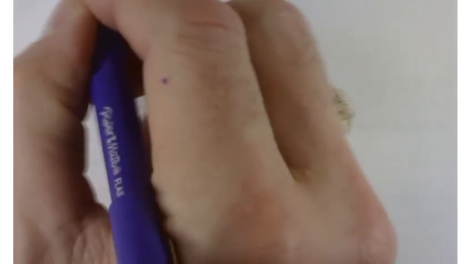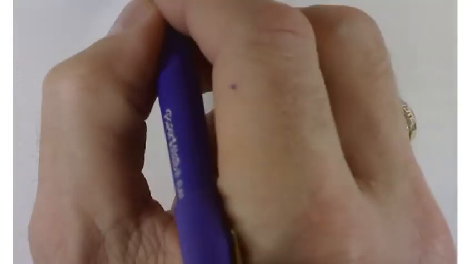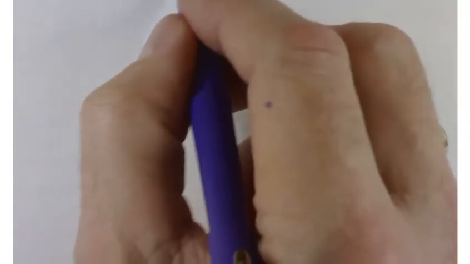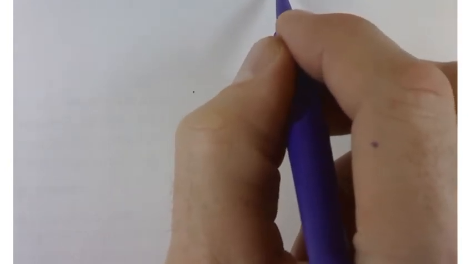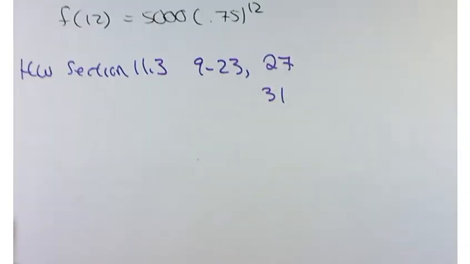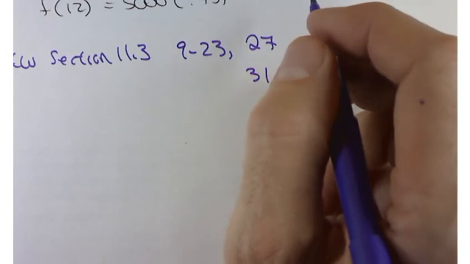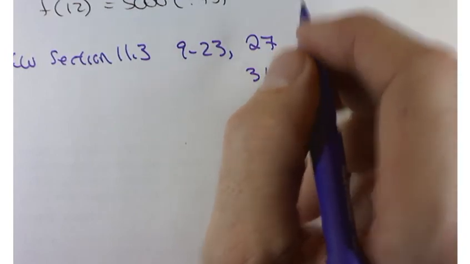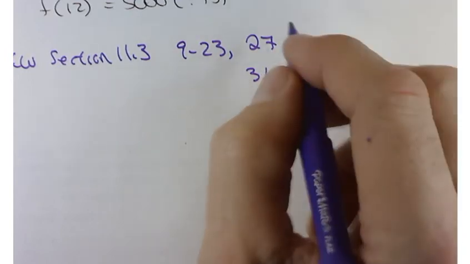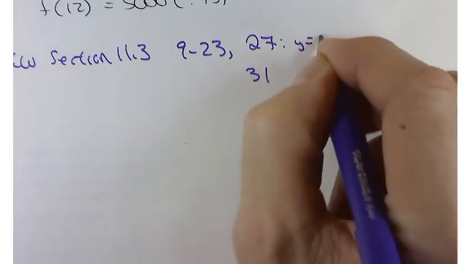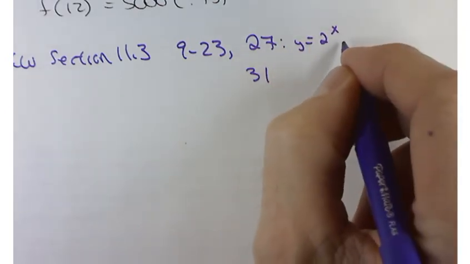For homework, this is section 11.3. Try problems 9 through 23. For problems 27 and 31, I'm going to change things up a little bit. I want you to graph these two functions. So for problem 27, graph y equals 2 to the x minus 2.